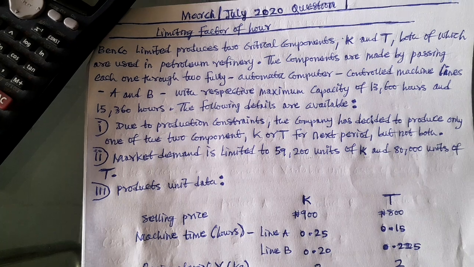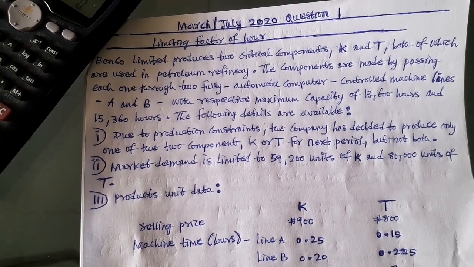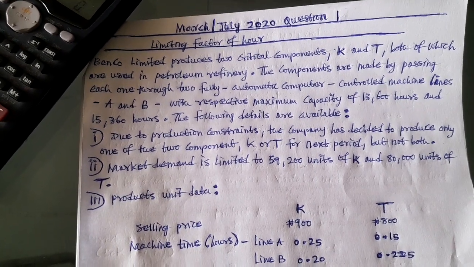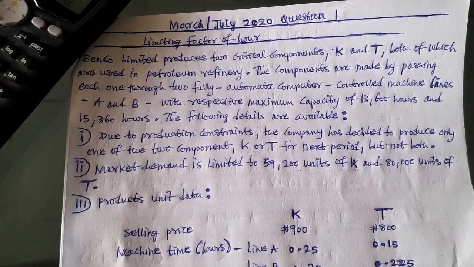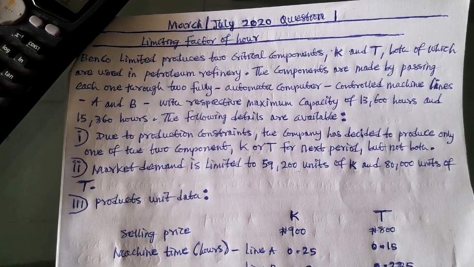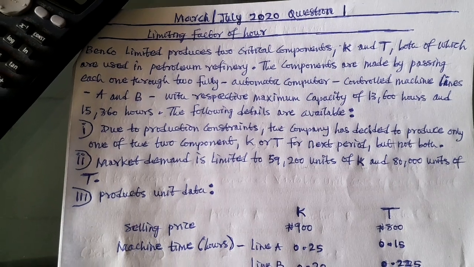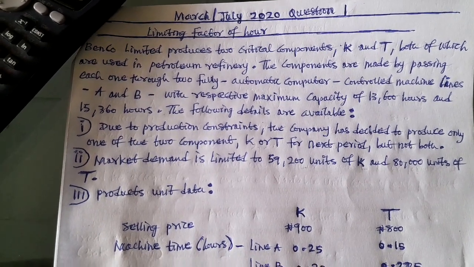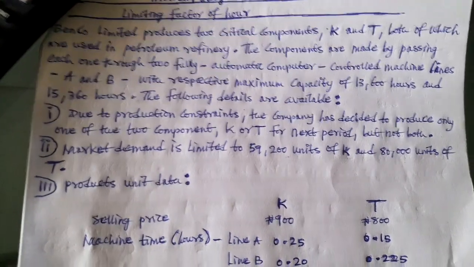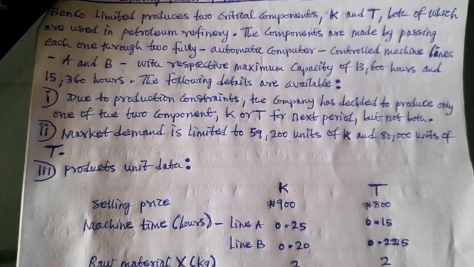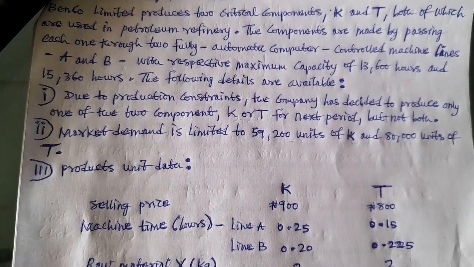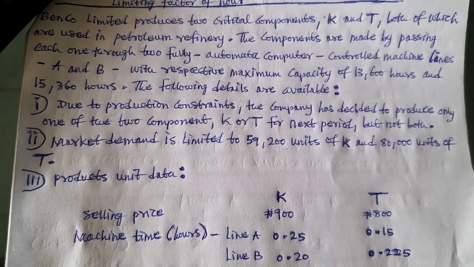Benko Limited produces two critical components, K and T, both of which are used in petroleum refinery. The components are made by passing each one through two fully automatic computer-controlled machine lines, A and B, with respective maximum capacity of 13,600 hours and 15,360 hours.